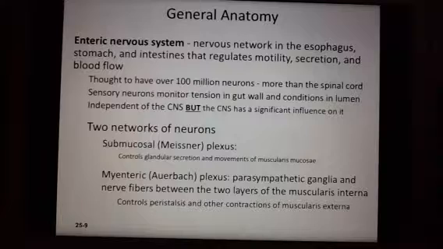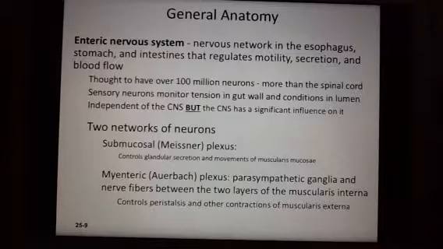Throughout the digestive tract, especially in the esophagus, the stomach, and the intestines, we're going to see what's called the enteric nervous system. And this nervous system is a huge nervous system, thought to have over 1 million neurons, more than the spinal cord. And so these neurons are working at regulating motility, secretion, and blood flow throughout the digestive system.